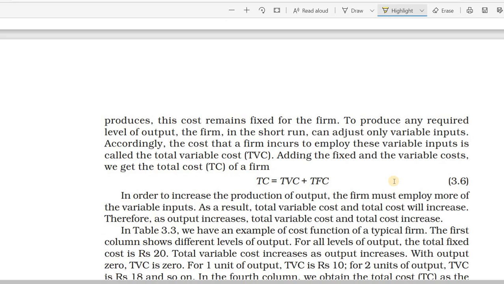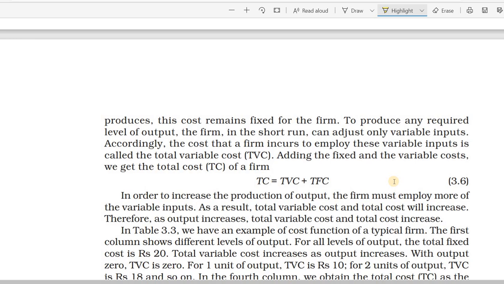To produce any level of output, the firm in the short run can adjust only variable inputs. It's not possible to change the fixed input. If they are changing all the factors, then it will be long run.